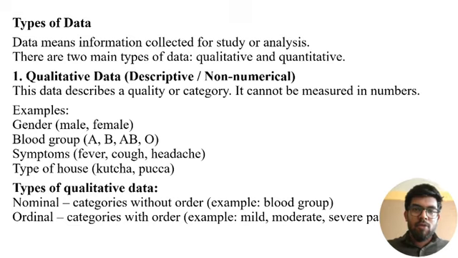Now, the types of qualitative data. We have seen what qualitative data is and examples of it. There are two types: nominal and ordinal. Nominal means the data under qualitative doesn't follow any order. Ordinal means it follows an order. For example, nominal: ABO blood group, where nothing needs an order. It can be O positive at the start and the ending can be A. There is nothing related to order.